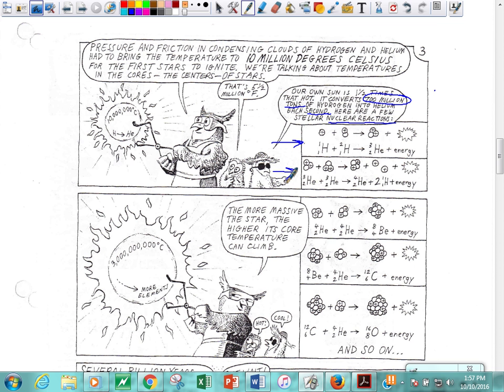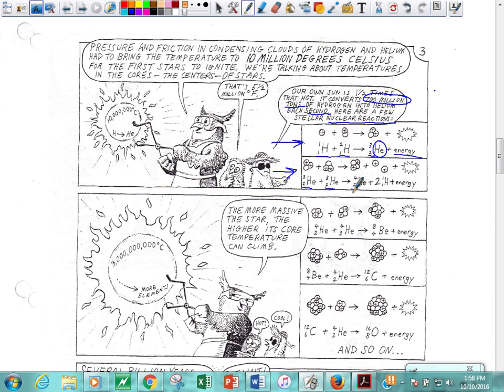If you wanted to make helium, what would you do? Well, you have to add 2 hydrogens. What's 1 plus 1? 2. And that element is helium. Does it release a lot of energy? Yes. Okay. Well, what if you had a helium and a helium atom? If temperatures were hot enough, which they are inside the star, you slam them together and fuse them. What are we going to make?